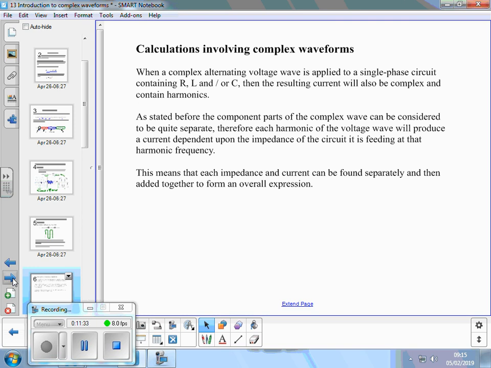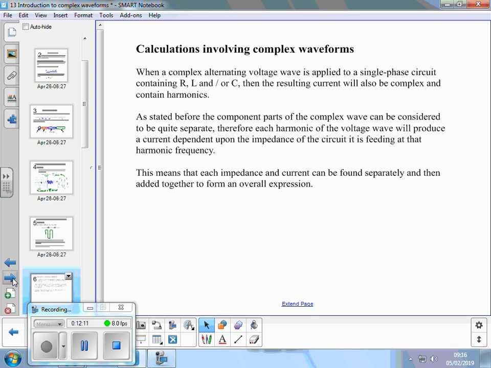As stated before, the component parts of a complex wave can be considered to be quite separate. Therefore, each harmonic of the voltage wave will produce a current dependent on the impedance of the circuit it is feeding at that harmonic frequency. So what we can do is calculate the impedance at each harmonic frequency, find the current at each harmonic frequency, and add them all together to have an expression for the overall current.